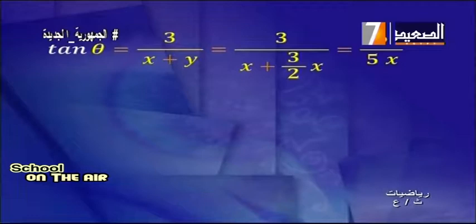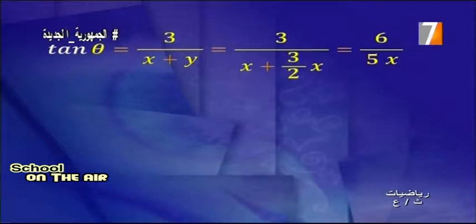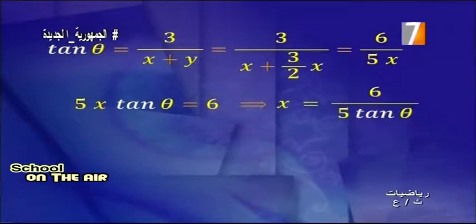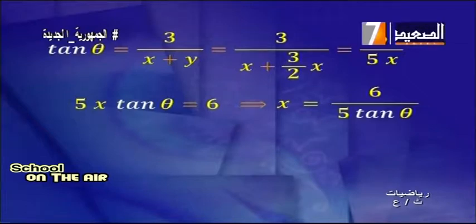Then tan theta equals 6 over 5x. Cross multiplication, 5x multiply tan theta equals 6. Then x equals 6 over 5 tan theta, or x equals 6 over 5 cotan theta.